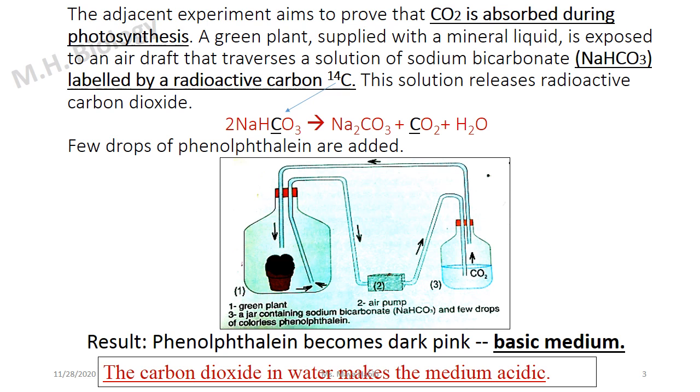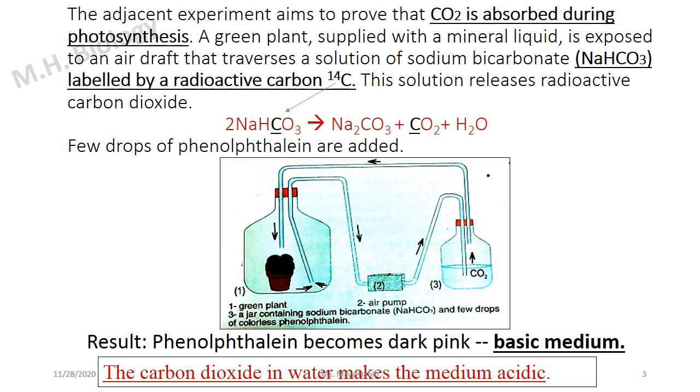Let us look at the experimental setup. You can see that the plant is kept in a closed container, and this container is connected to an air pump, which is connected to a jar containing sodium bicarbonate with a few drops of phenolphthalein. Of course, container 1 is also directly connected to the jar.